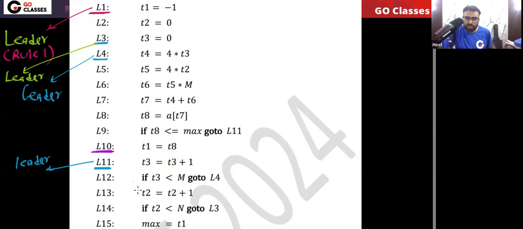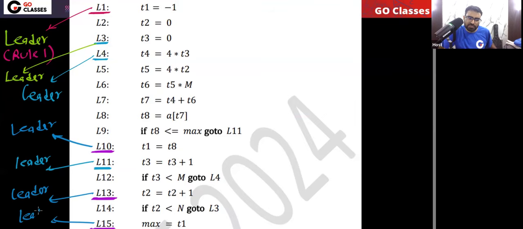So this L10 is also a leader. Also, because of this jump instruction, L13 is a leader. And because of this jump instruction, L15 is a leader. Is this clear? So remember, these are also leaders: L10, L13, and L15.